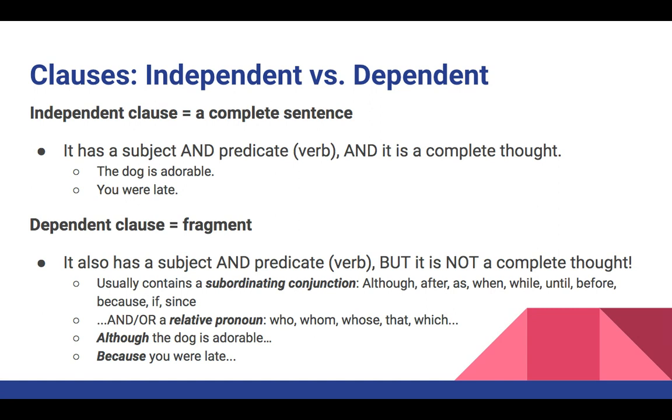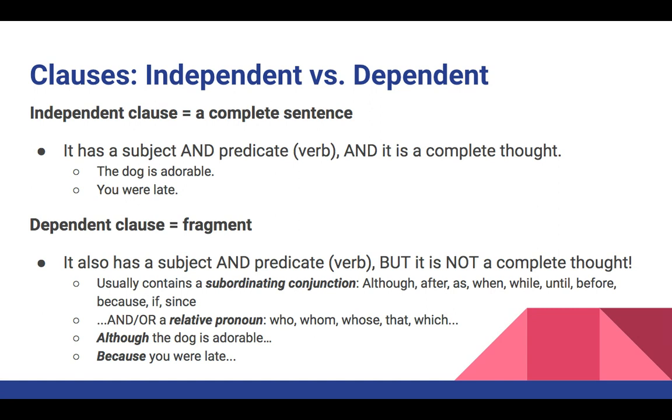All right, so what I like to tell my students is when you think of clauses, I want you to think of the independent clause like that independent mom. A mom doesn't really need anyone to help her out. She's got this, she's independent, right? She doesn't need anyone else to help her figure out life. The dependent clause is like a baby, a toddler, right? They are not independent.